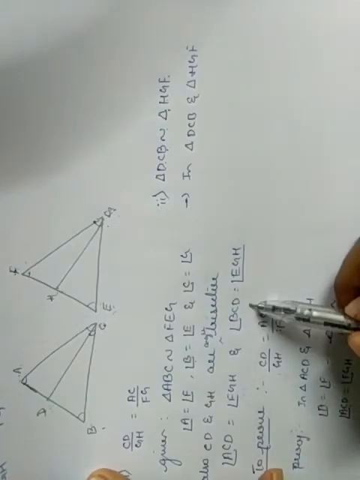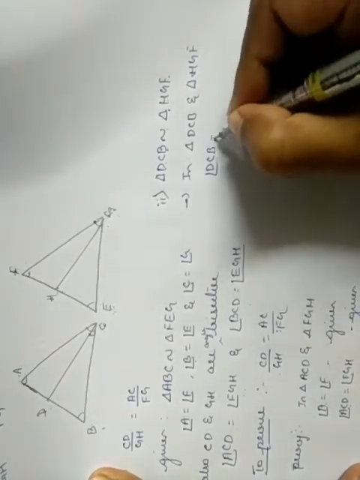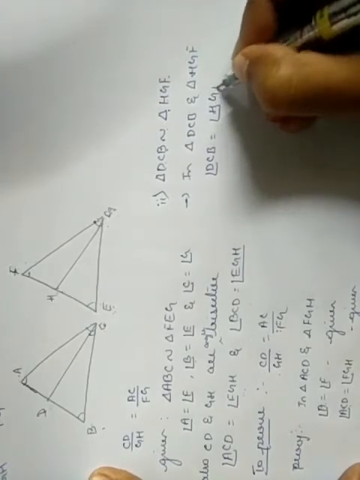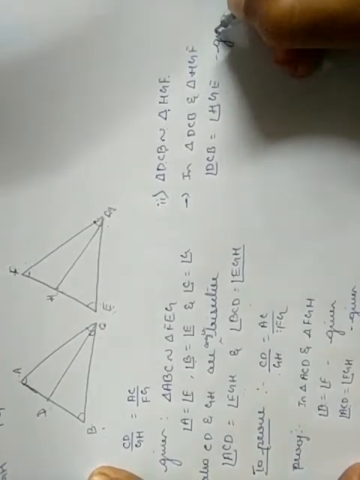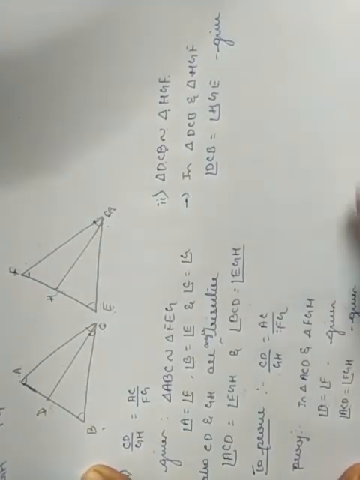This we have proved in given, right? So we'll write angle DCB is equal to angle HGF. This is given. Or you can write CD and GH are angle bisectors.